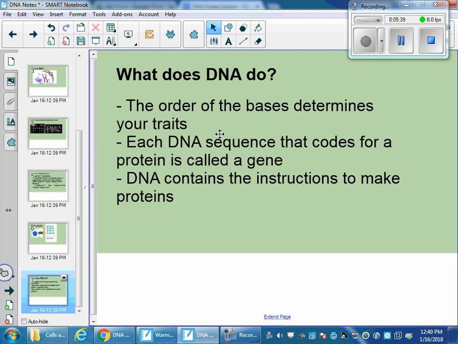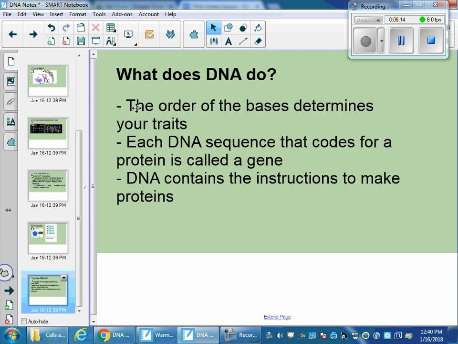So if you've heard of like your genes or genetics or genetic information like we've talked about, we're talking about parts of that long piece of DNA. One chunk of that codes and tells your body to make a protein. And so basically how DNA works is that it contains the instructions to make proteins. And based on the proteins that you make, that makes you different from someone else. If you make more of a different protein, or you don't make that protein at all, or you make a lot of something else, you are going to be different from someone else.